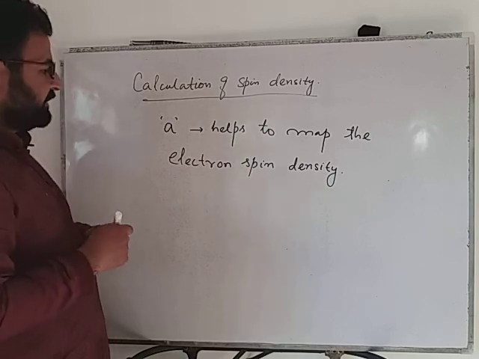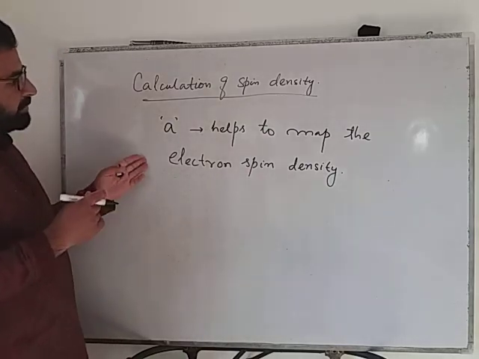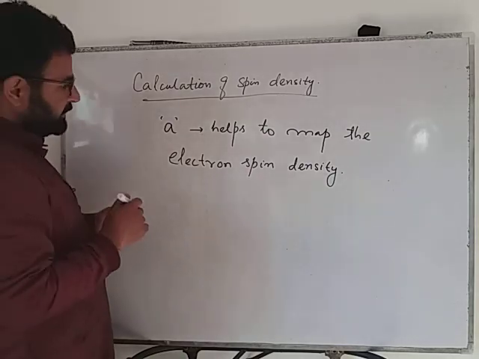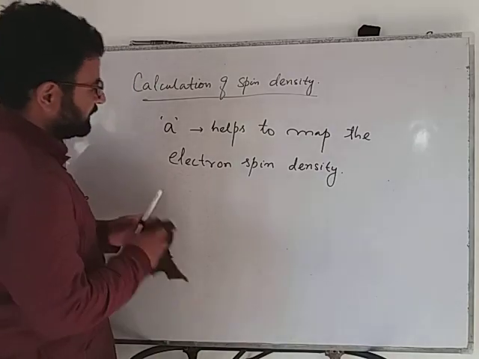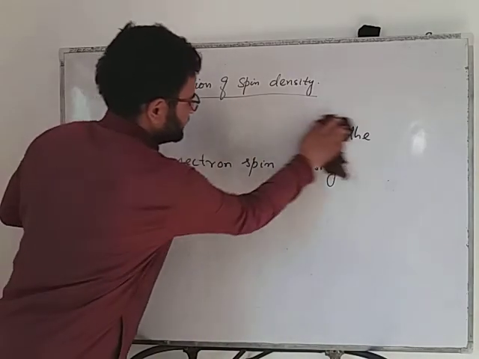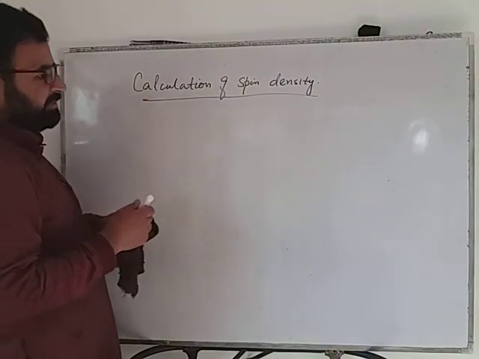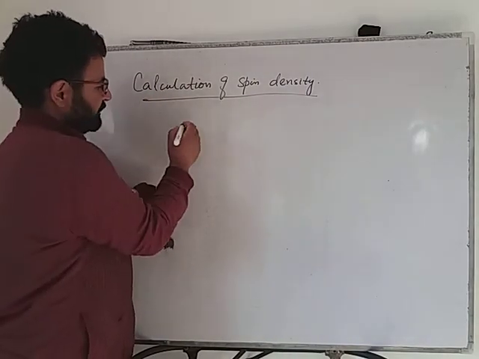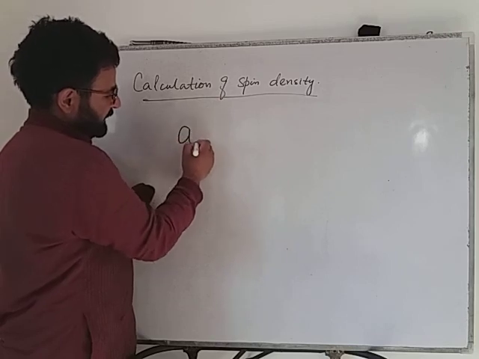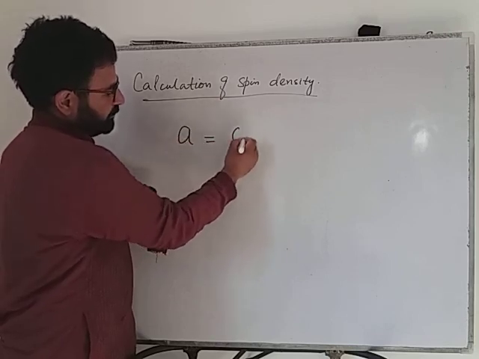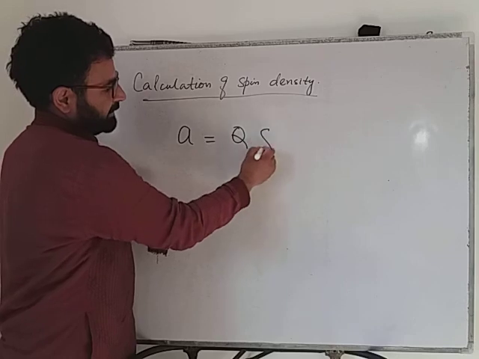Okay, so this spin density is given by one equation which is this: A is equal to Q delta.